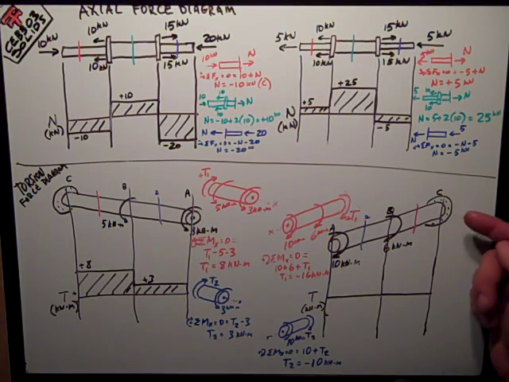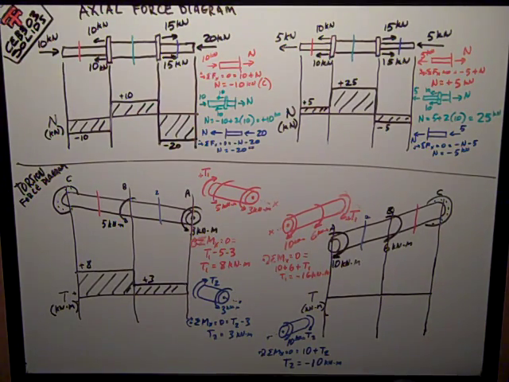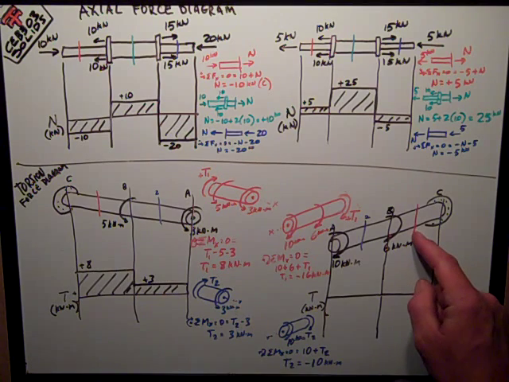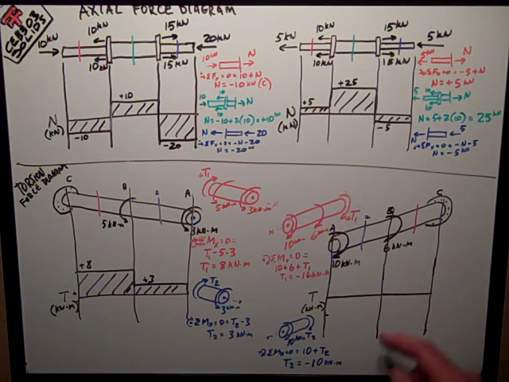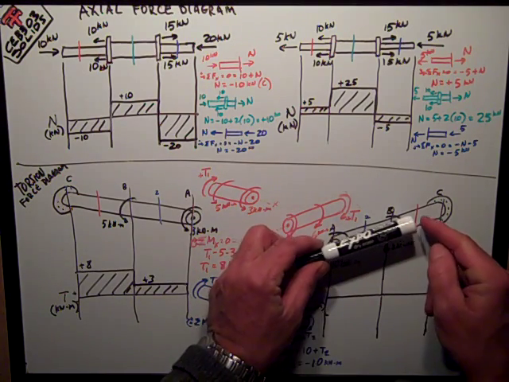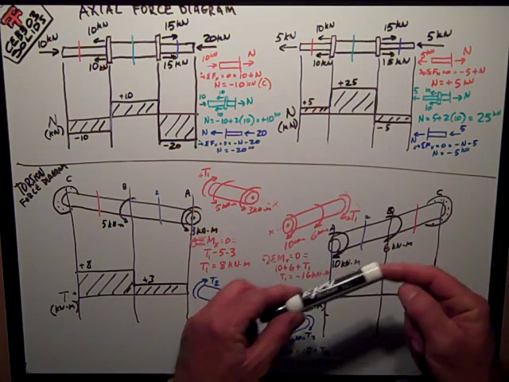Now, this one we reversed the end that's fixed. Still doesn't make any difference. The key is understanding my sign convention. I've got my free body diagram cut here on the red section. Here is my shaft coming out like that, cut at the red cut. So that's that end.